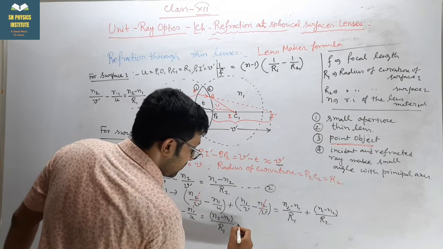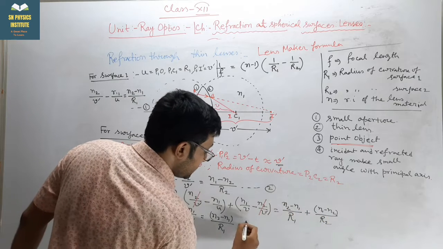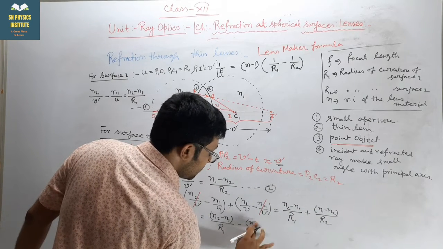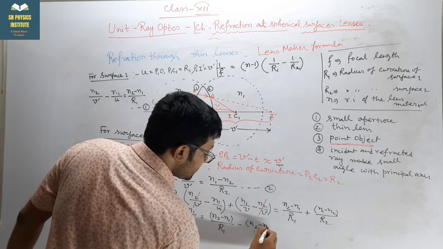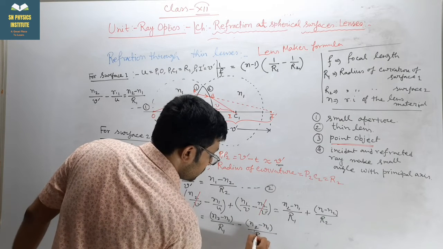And see here, if I take minus common within the bracket, this becomes n2 minus n1 by r2, right?